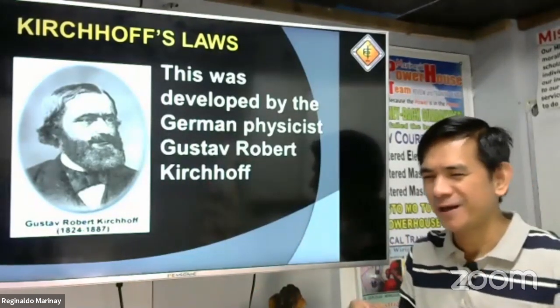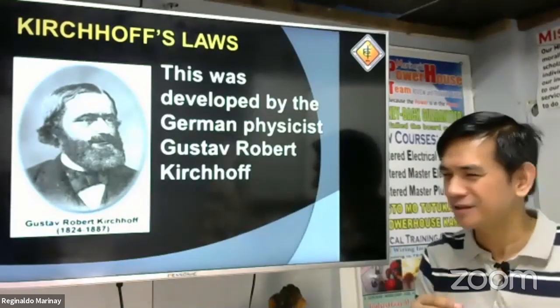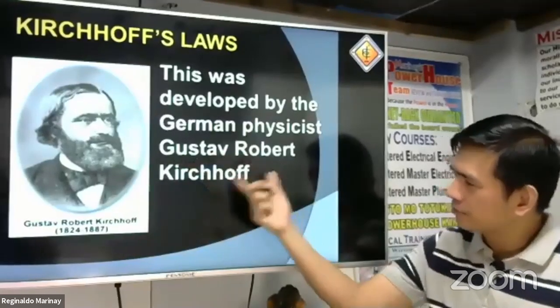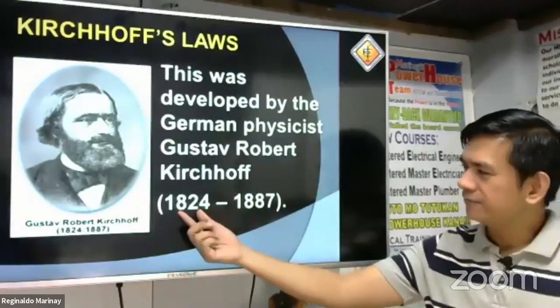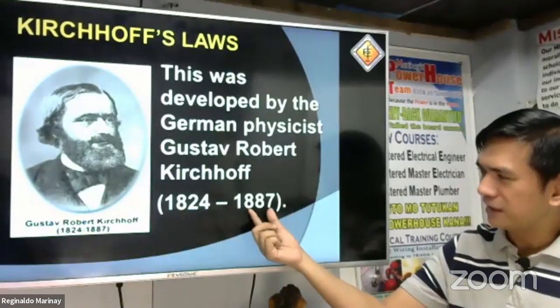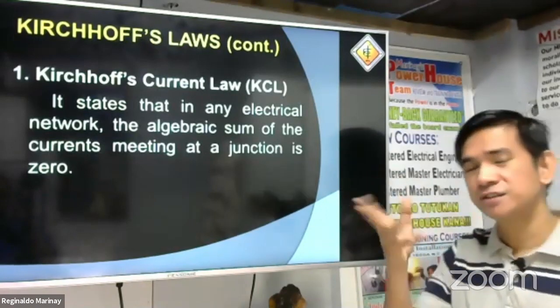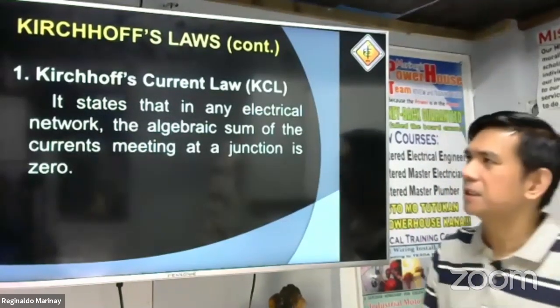Maybe we can follow them regarding the pronunciation. It's named after Gustav Robert Kirchhoff, from 1824 to 1887. Those are also the years of Nikola Tesla and Thomas Edison, I remember.